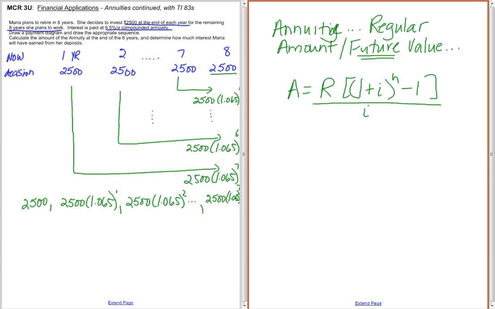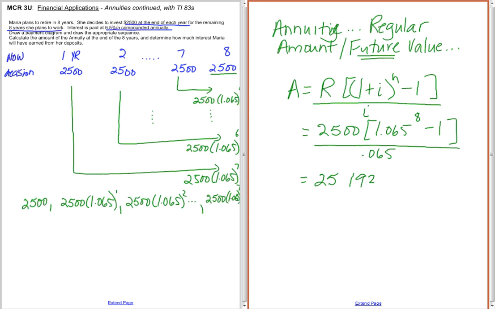Her regular deposit is $2,500. 1 plus i is 1.065 to the power of 8, subtract 1 over 0.065. And the amount of that annuity, if you were to add all of that up, would be $25,192.14.